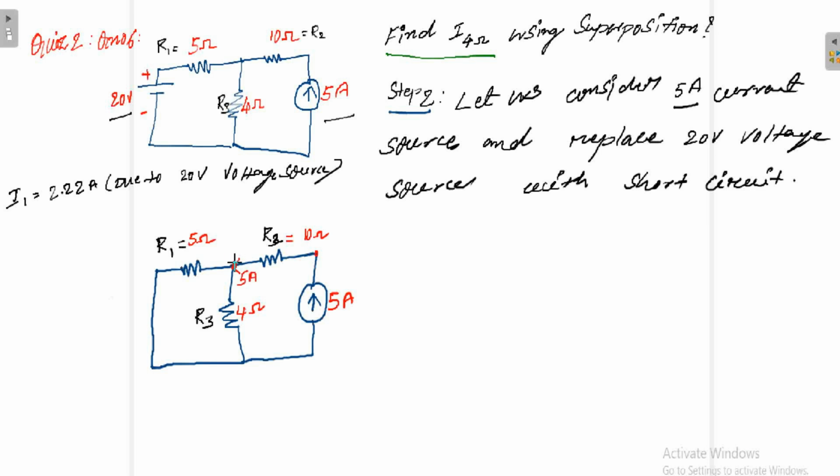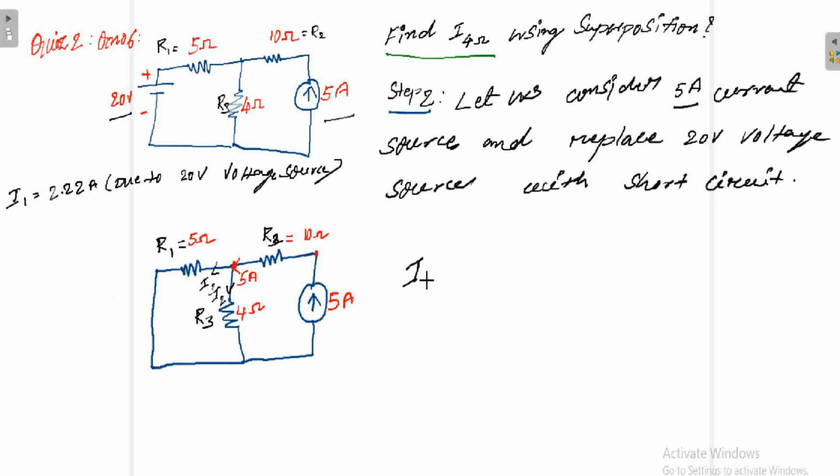Now, can I apply the current division rule? Yes, we can apply the current division rule. The total current is 5 amperes. Let us consider this as I2 and this as your I3. I want to find the current through these 4 ohms.